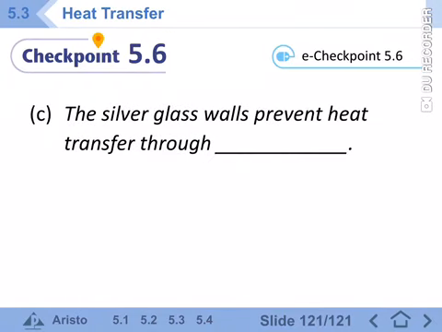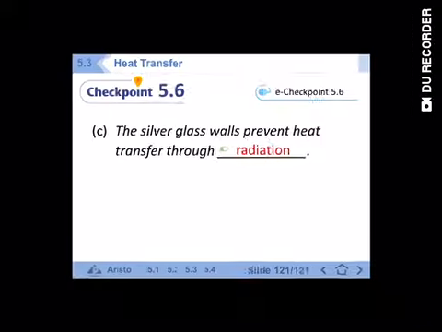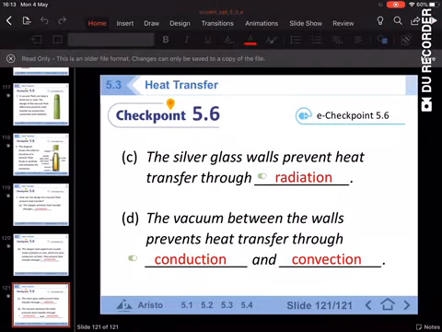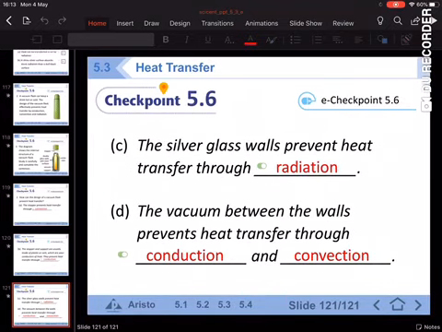And the last one, the silvery glass wall prevents the heat transfer through radiation. Because it's silvery, the radiation doesn't like that, so it would want to stop it with the radiation. And the last one, the vacuum between the walls prevents the heat transfer through conduction and convection.